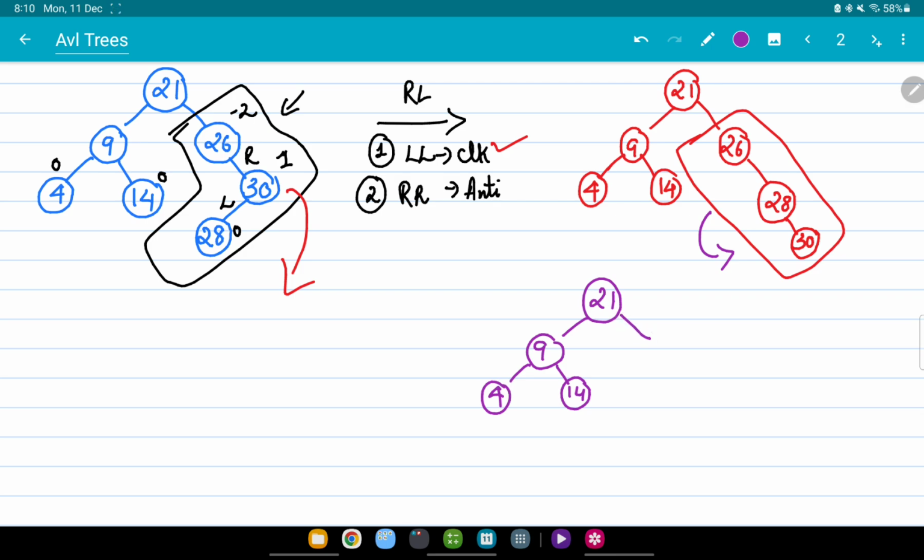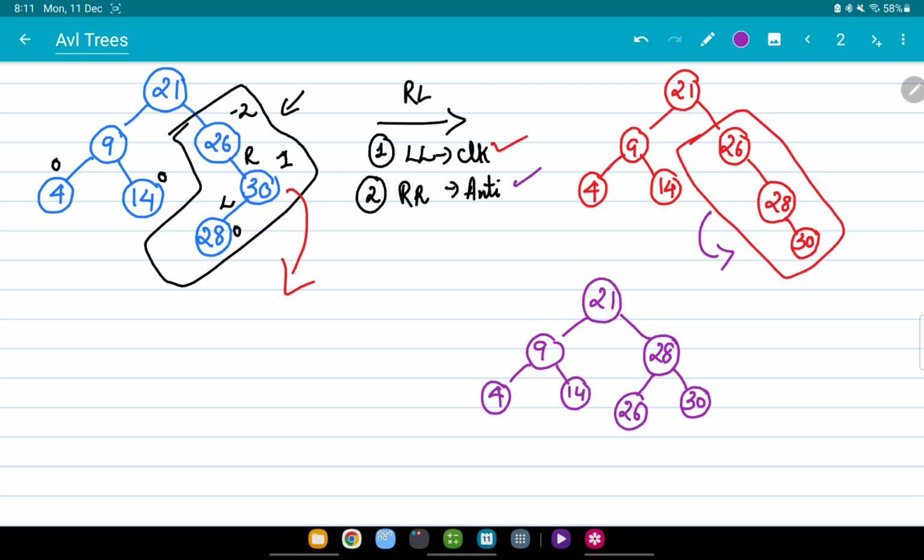Here what happens is if I am doing it in anti-clockwise direction, in RR rotation, 28 will become the root node for these 3 and then 26 gets pulled down onto the left side and 30 will come onto the right side. So this is how you perform your RL rotation.